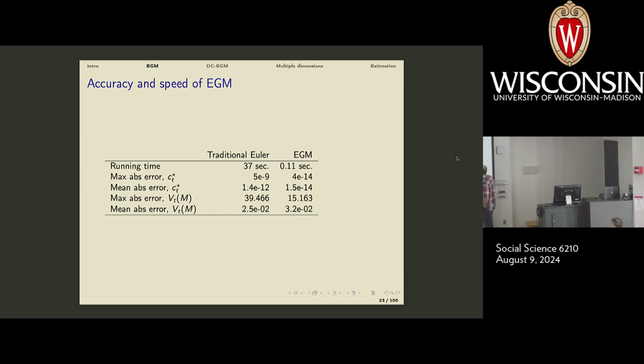And yet the errors that we get are much smaller. The errors are measured by the residuals of the Euler equation calculated on a denser grid. It's no surprise, right? At each point that we are producing, the Euler equation is satisfied exactly to machine precision. And therefore, it's impossible to beat in this problem.